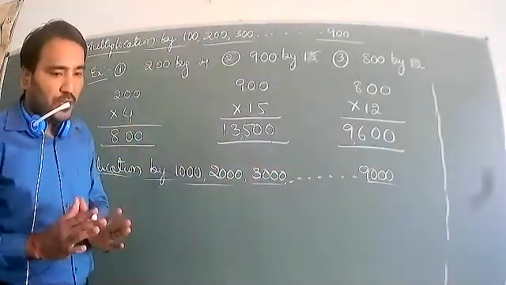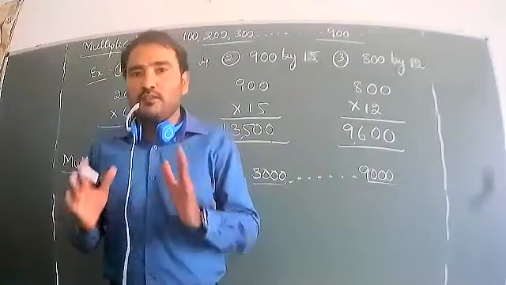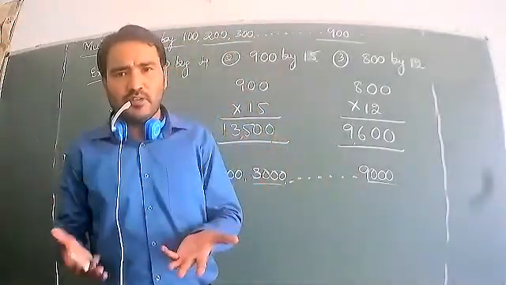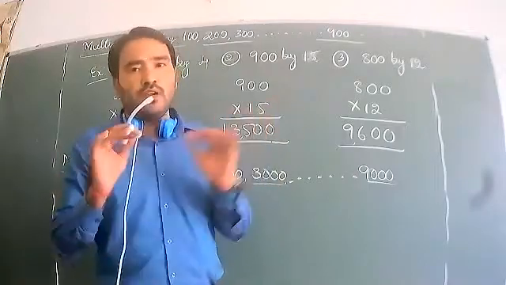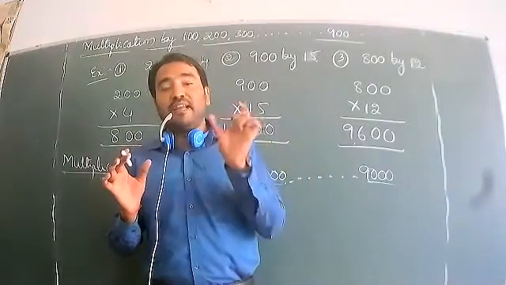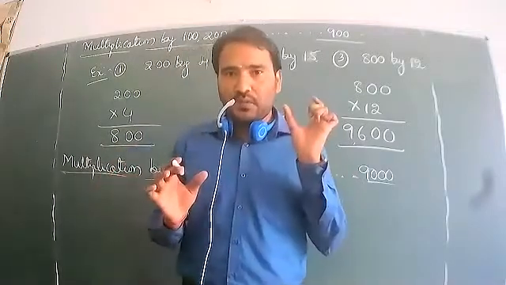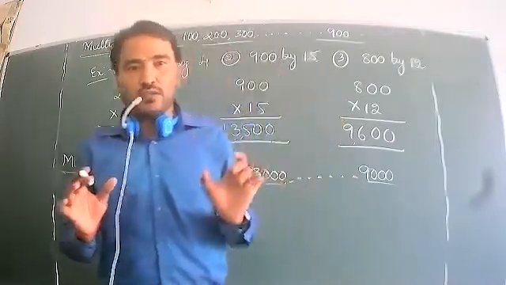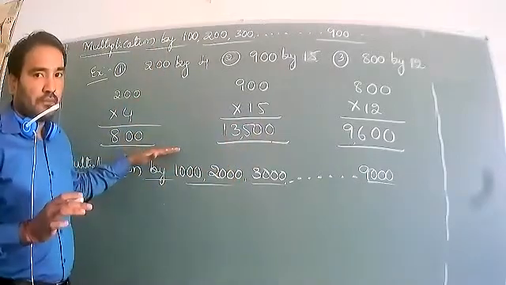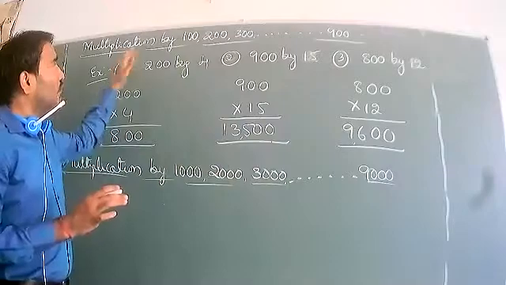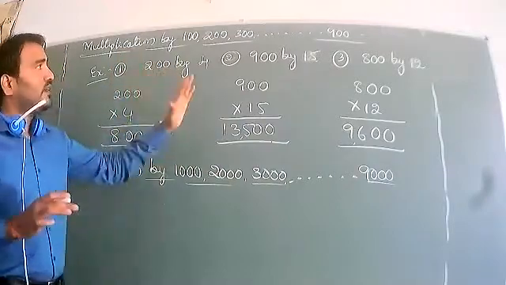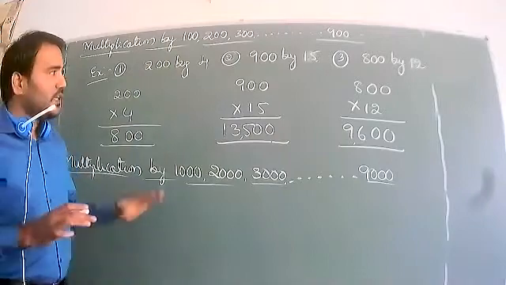All the products we have multiplied by 100, 200, 300, 400, up to 900, the product has 2 zeros. This is the first method, how to multiply by 100, 200, 300.